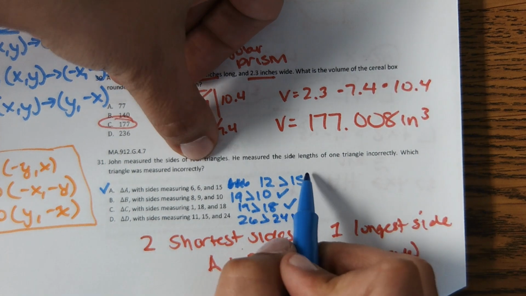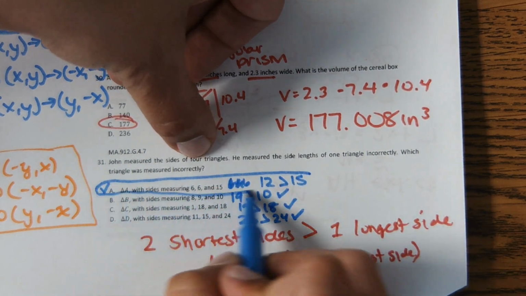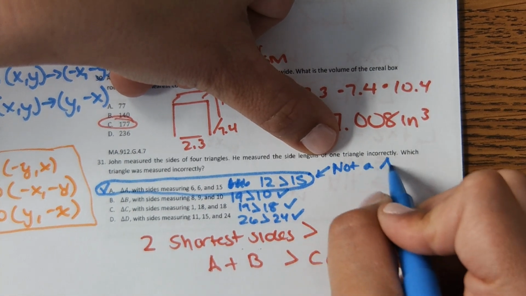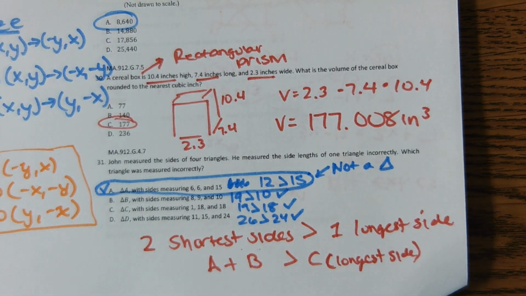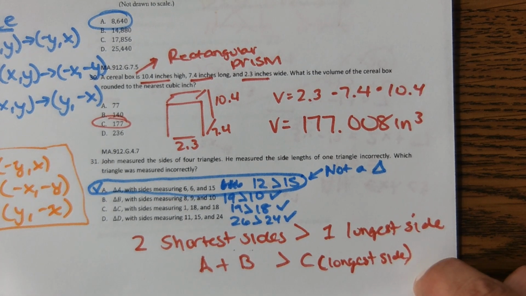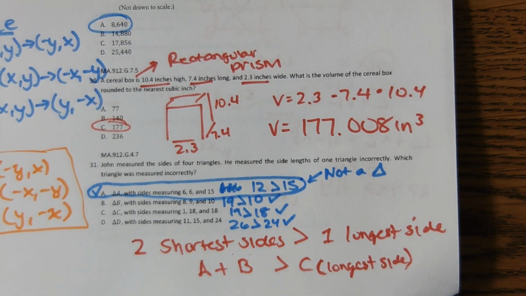Yep. So this is the one that's not a triangle. Not a triangle. And when you're done with that, flip it to the next page.